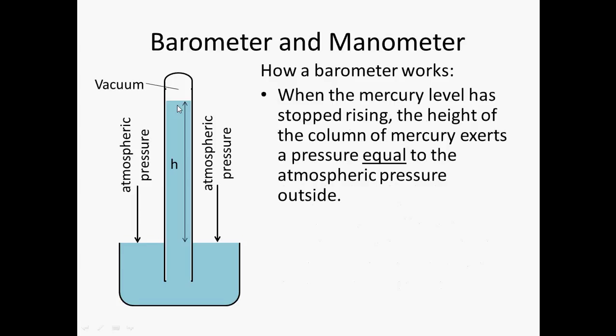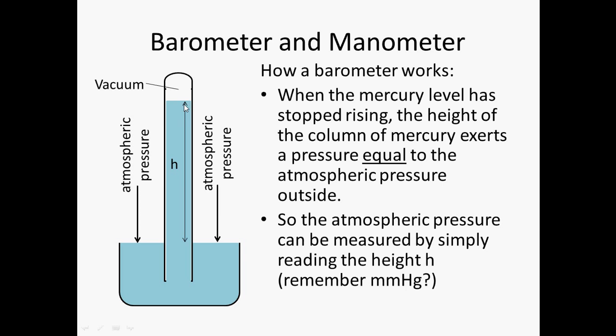When the mercury level has stopped rising, the height of the column of mercury exerts a pressure equal to the atmospheric pressure. That means this height from the surface to the top surface is exerting a pressure equivalent to the atmospheric pressure. That's why it doesn't rise anymore. They reach a new balance.